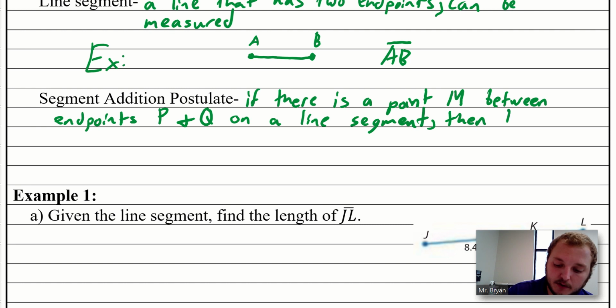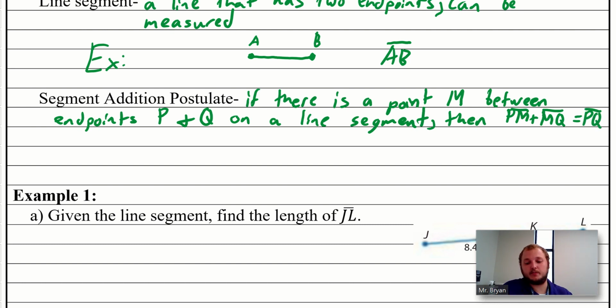So I would say segment PM, I'm going to put that little line above it, plus segment MQ. And when I say segment PM, I mean the length of, or the measurement of PM plus MQ equals the line segment, the whole thing, PQ.